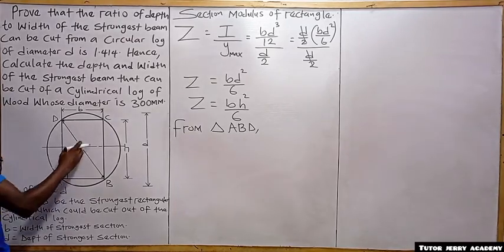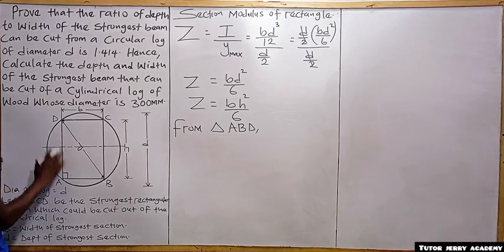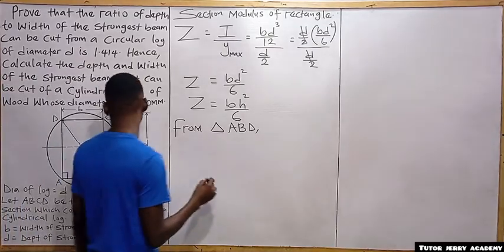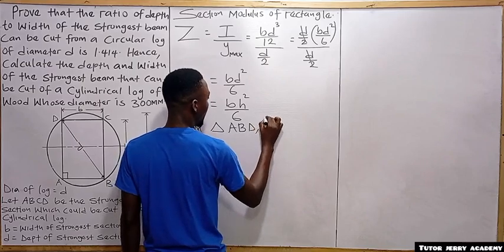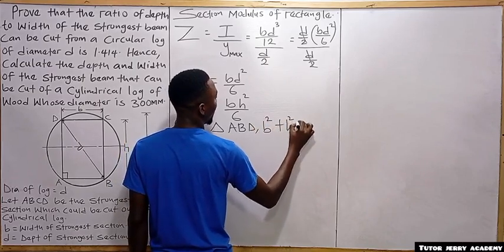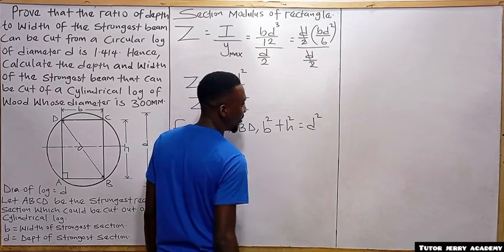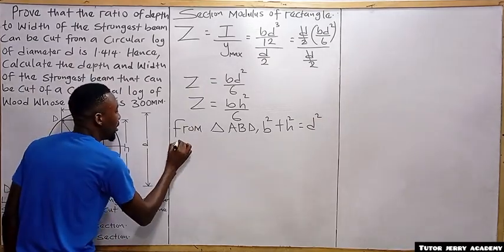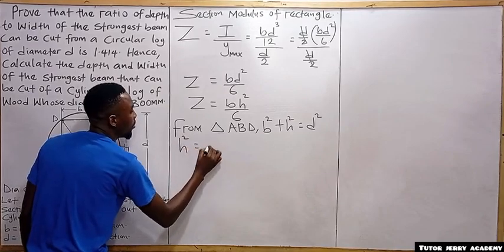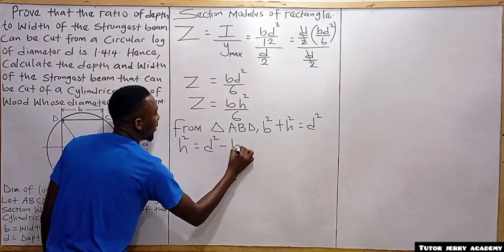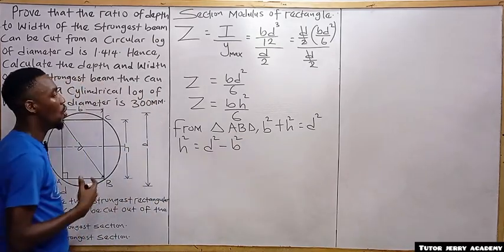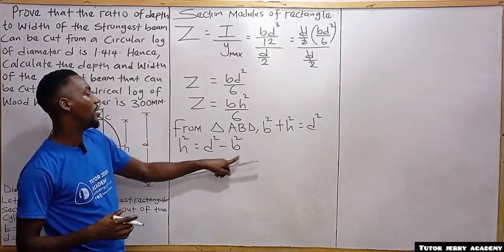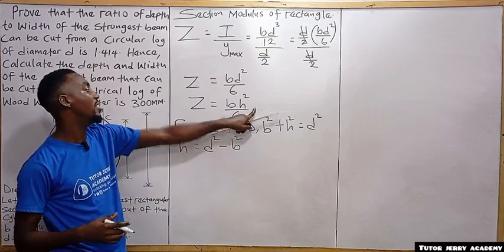The diameter squared, which is the sum of the squares of these two sides, gives b squared plus h squared equals d squared. We make h squared the subject: h squared equals d squared minus b squared. We are going to substitute d squared minus b squared for h squared in this equation.